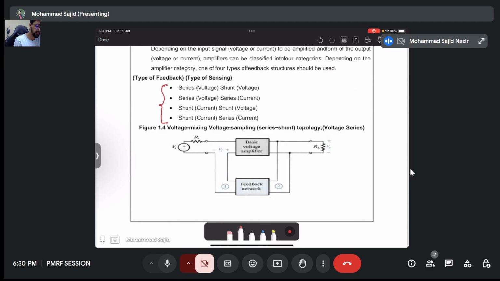So if we take a voltage sample and do voltage mixing at the input, that is series voltage, and shunt voltage is the sample. This is sample. This is mixed.